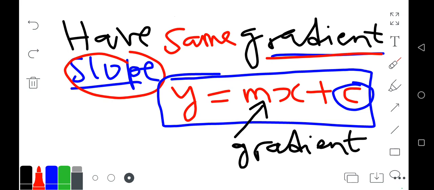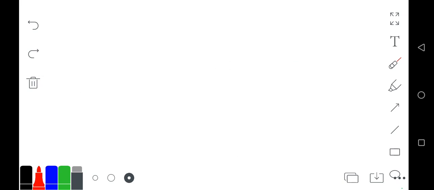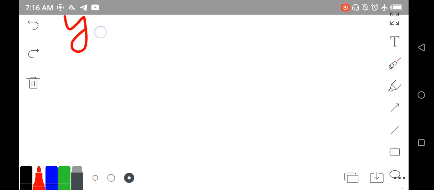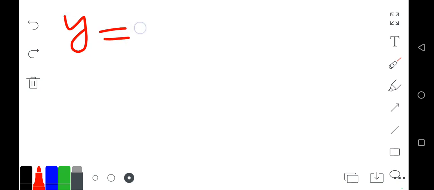Now, if I have the equation, for example, y equals 3x plus 1, that is our equation 1.